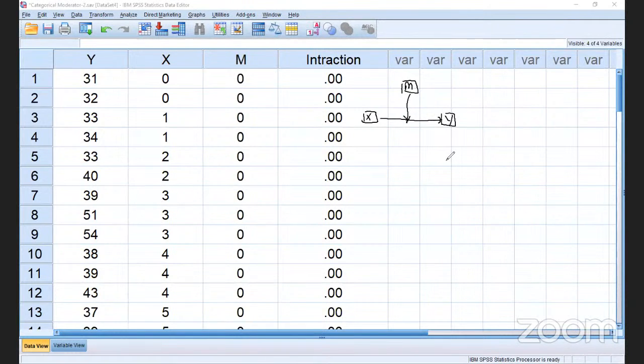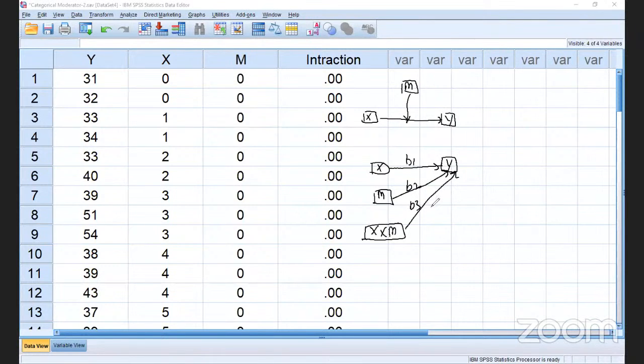So statistically, how to write it? Y, and this is X, the independent variable, with B1. M is the categorical moderator variable, and this moderator variable is also a type of independent variable, with B2. Then the interaction of X and M, the multiplication, with B3.